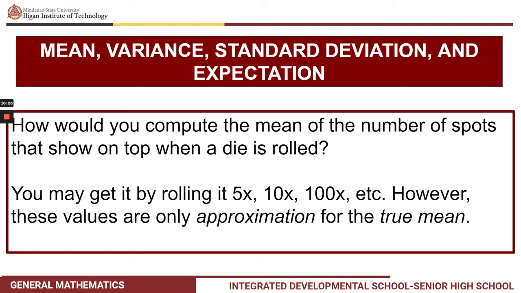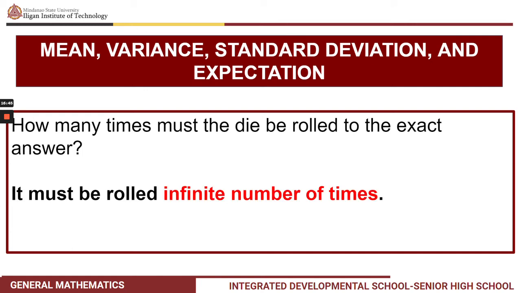Yes, no. In fact, when you toss it or roll it a higher number of times, the better the approximation sa pagkuha ng mean. Pero, how many times man dapat na i-roll yung die para makuha mo yung exact answer? The answer is, it must be rolled infinite number of times. Infinite number of times para makuha mo talaga yung actual na mean, no?